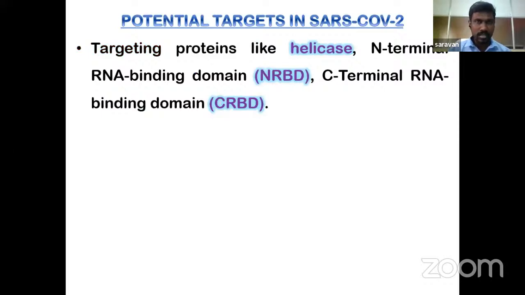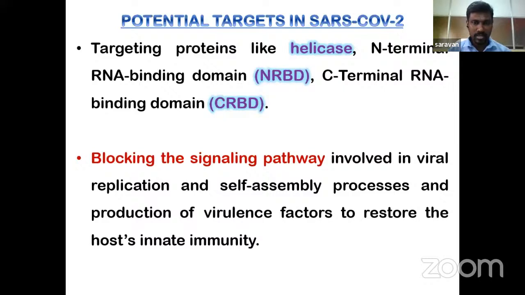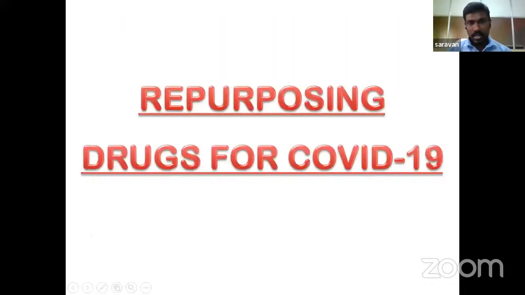And the last one is blocking the signaling pathways involved in viral replication and assembly of the viral particles to make them virulent, and also blocking the signaling pathways that are involved in inhibition of the host's innate immune mechanisms. So now let us see what is repurposing of drugs.